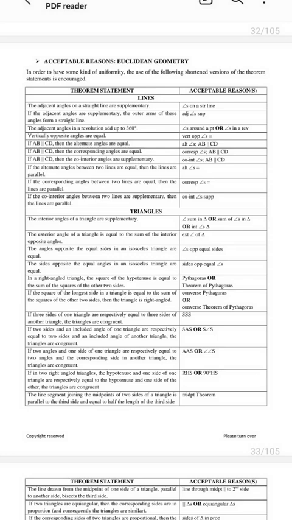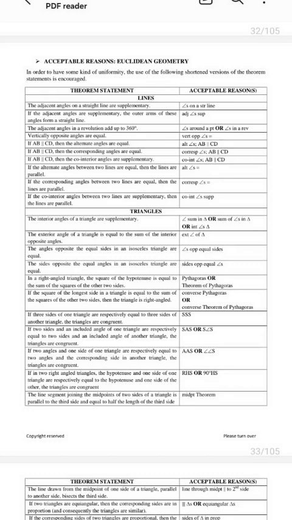Next door to it, there are acceptable reasons that you can use whenever you are using that theorem statement. Please take note of them. There's angle sum in triangle, there's sum of angles in triangle, and there's interior angles triangle.